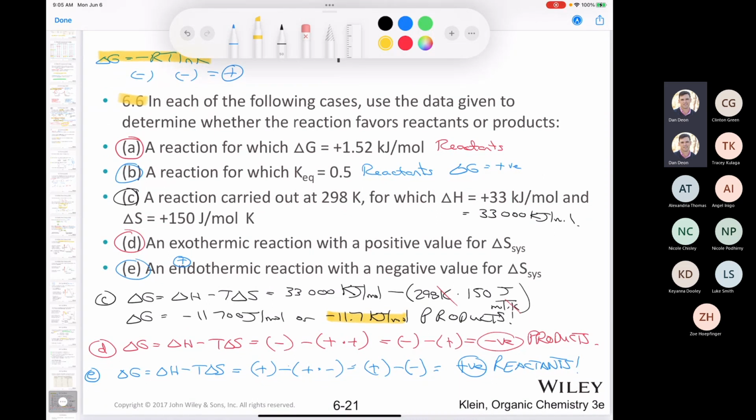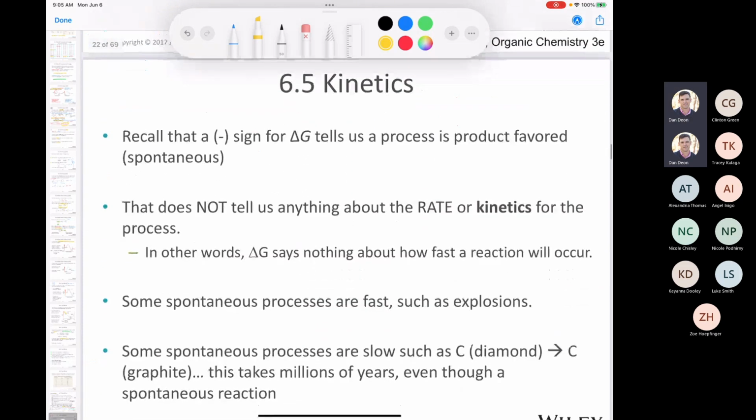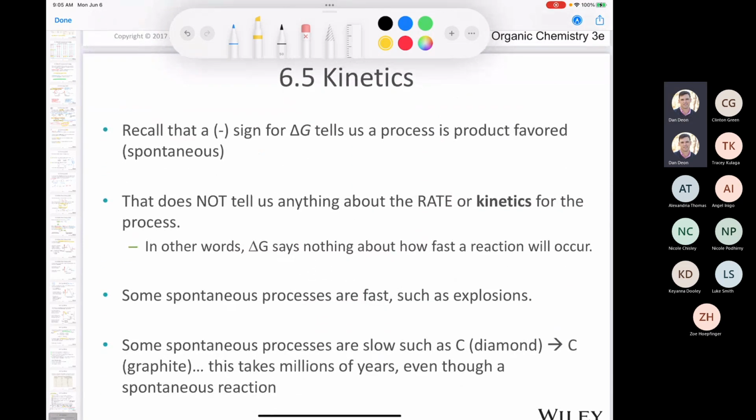Well, that covers everything up to equilibria. And now we're going to turn our attention to kinetics. I was kind of getting ahead of myself there a minute ago. And I said, hey, do you remember doing this? Rate is equal to rate constant multiplied by A to the power of X and B to the power of Y and all that good stuff.